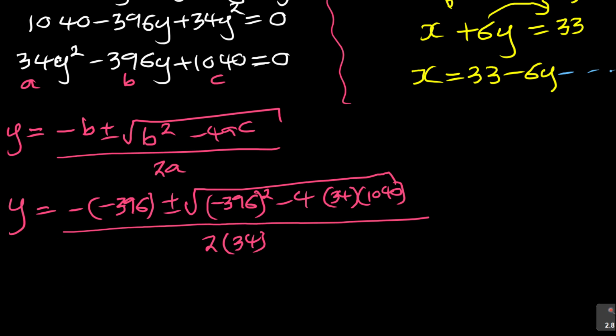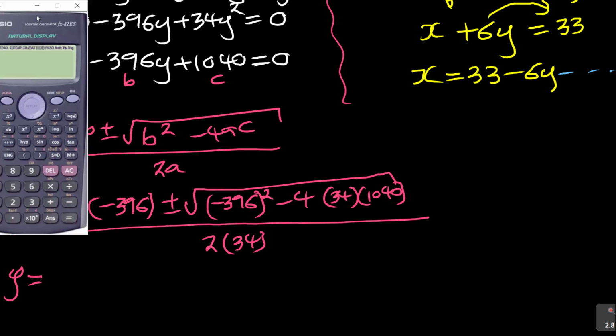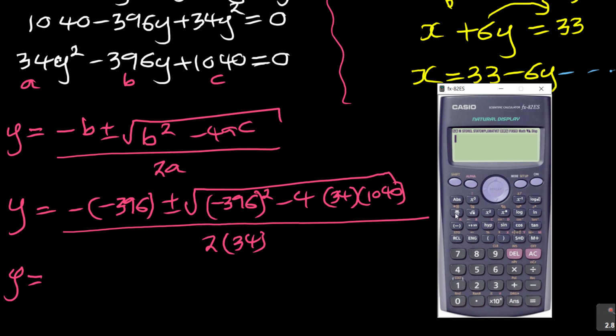Alright. Then from here we can use our calculator. That's why I say just rely on the calculator at this stage so that it can do most of the work. Alright, so what do you have there? It's fraction minus bracket negative 396, close the bracket. Let's start with the plus, square root of negative 396, close it and squared, minus 4a is 34 and C is 1040, then divided by 2a, which is 2 times 34.